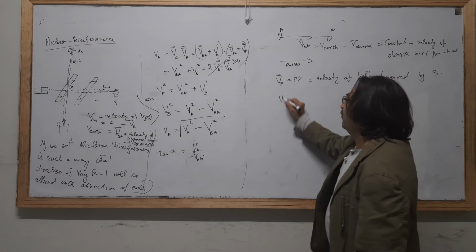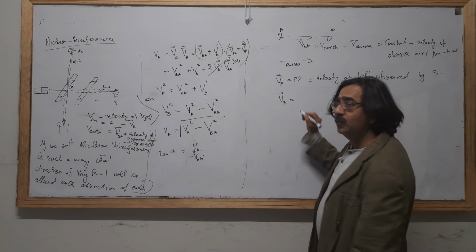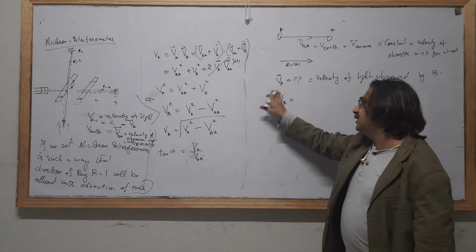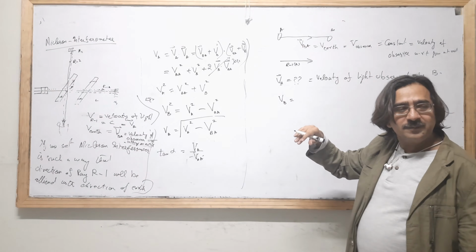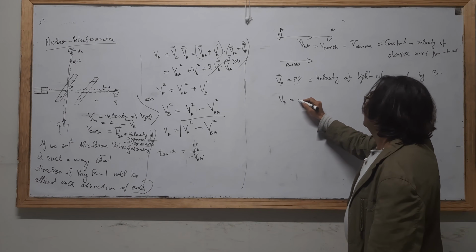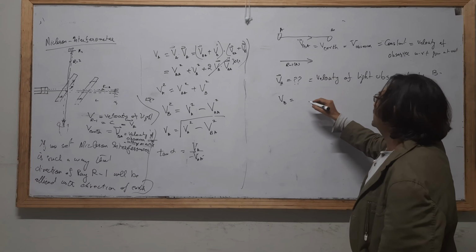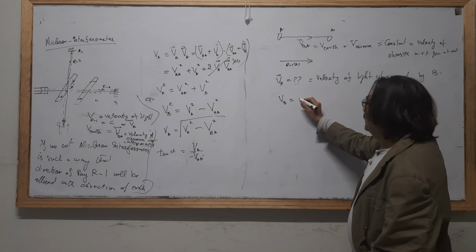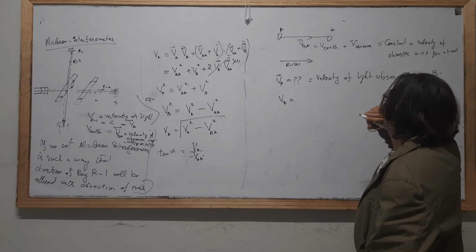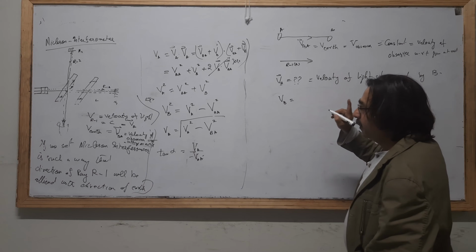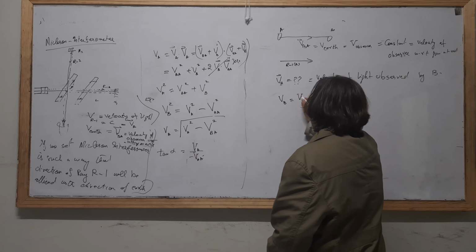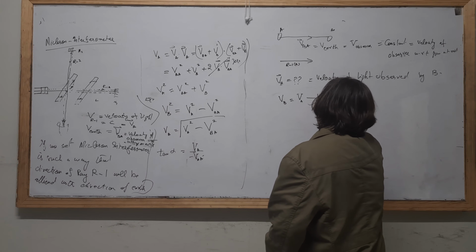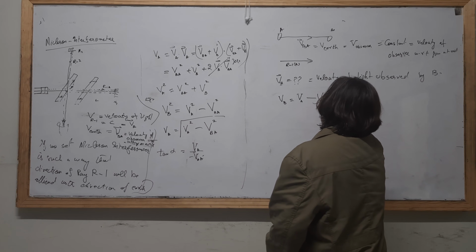Then for VB we have the formula. VB in magnitude will be equal to, I have said, if both have the same direction, that will be equal to VA minus VBA.